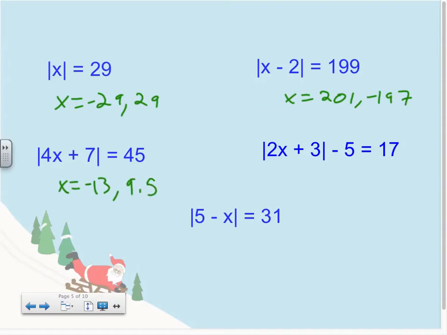Over here, I have x equals negative 12.5 and 9.5. And then down here, I have x equals, I believe it's negative 26 and 36. So if you got all these correct, you can end the video now, you're all finished. If you didn't get them correct, I'm just going to go through and show the work for each problem so you can see where maybe you went wrong.